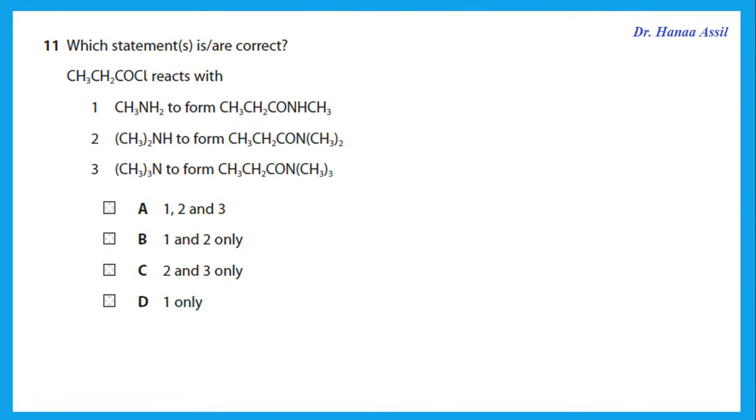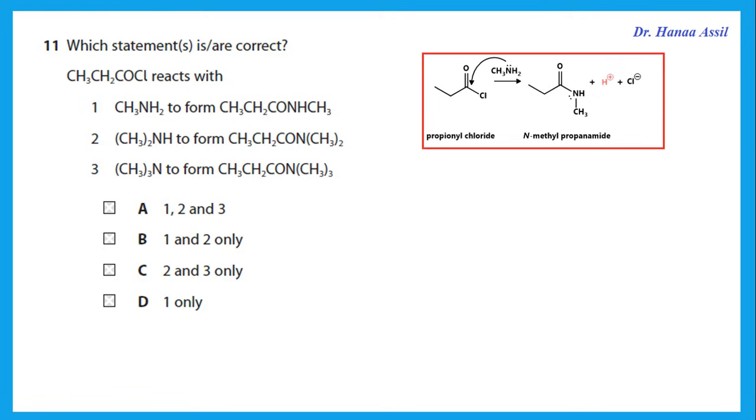Which statement is correct? We have ethanoyl chloride. So this compound is ethanoyl chloride, in which the OH of the acid is replaced by a halogen. So here we have reactions of ethanoyl chloride with what? We're reacting it with methylamine.